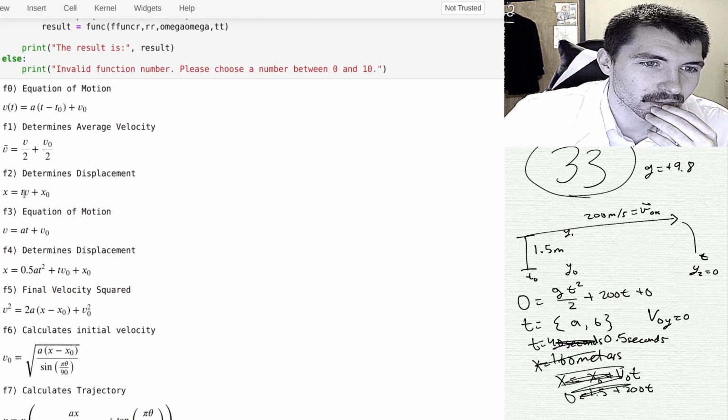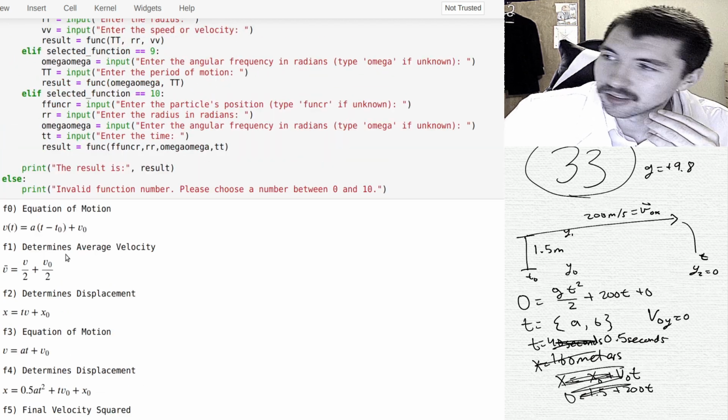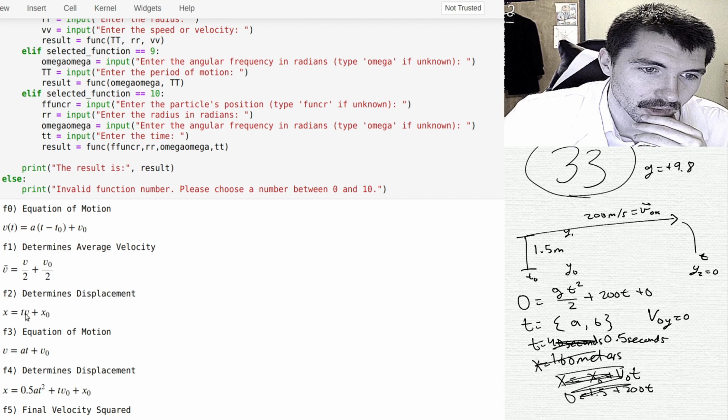It's kind of ugly now, man, that's kind of annoying. Now T's first.